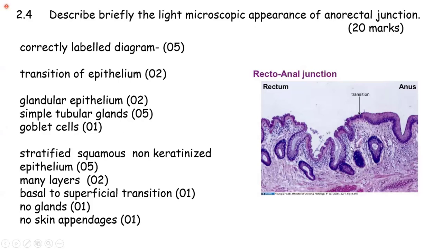And then you move on to the other epithelium, stratified squamous non-keratinized. You have to mention multiple layers because the other epithelium has only one layer of cells, right? And the changes of this epithelium within itself, basal to superficial.